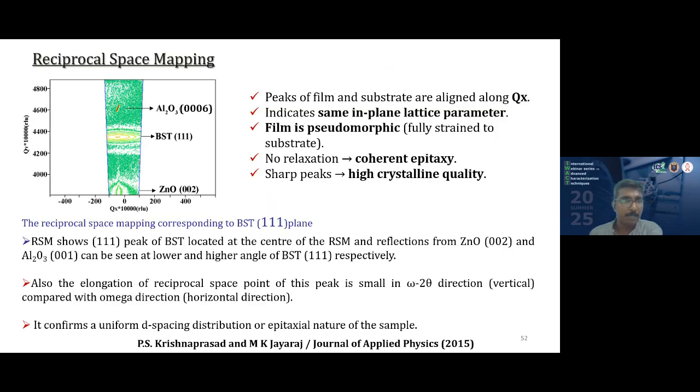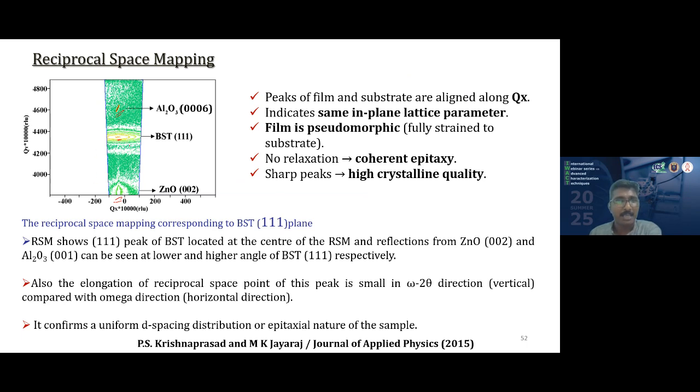Here in our sample itself, you can see the reciprocal space mapping of the BST thin film at the center, the zinc oxide buffer layer you could see here, and the reciprocal lattice point corresponding to the Al2O3 substrate you could see here. Here it indicates all the peaks are at the same scattering vector direction.